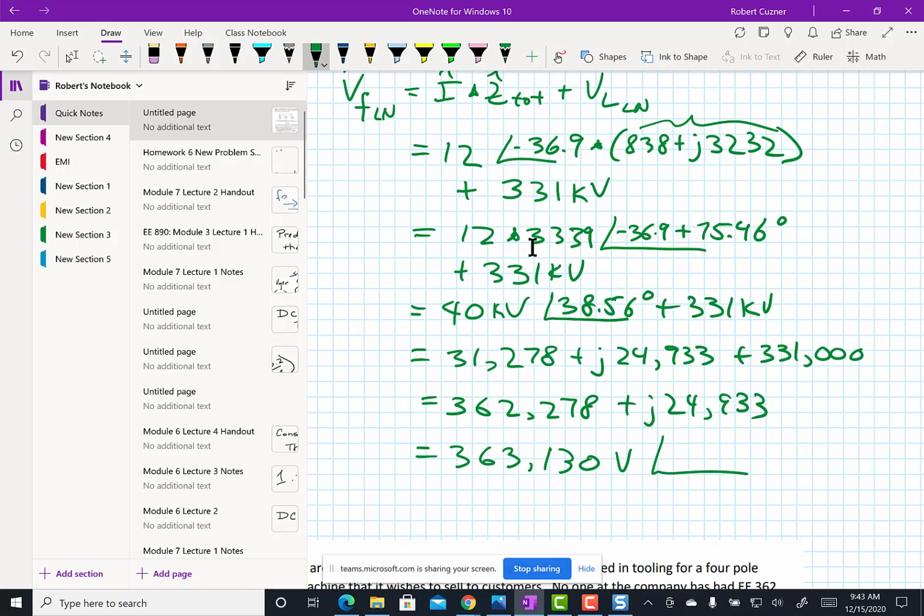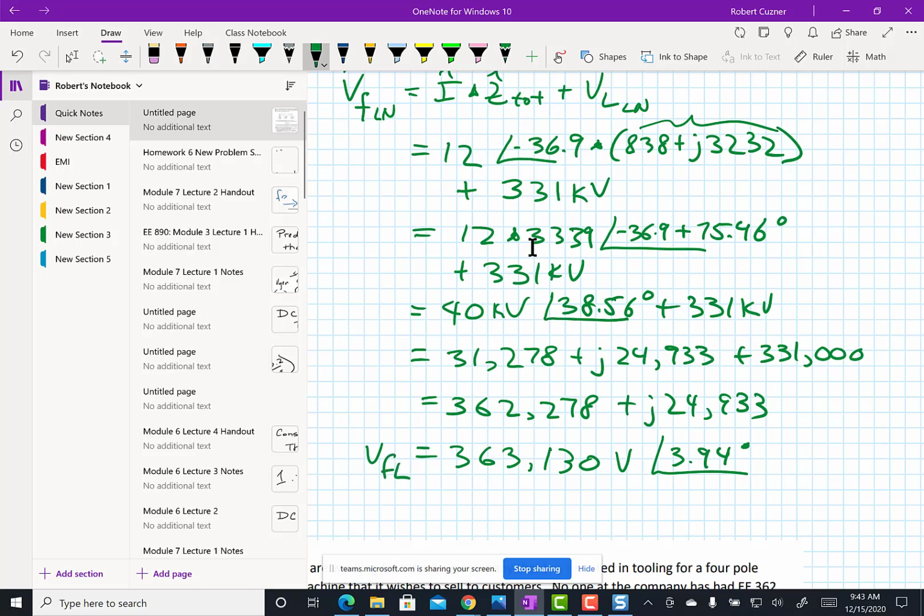And then the angle would be the inverse tangent of 24,933 divided by 362,278, which is 3.94 degrees.